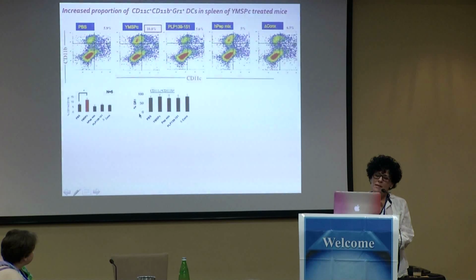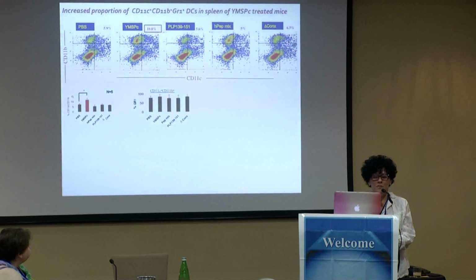And actually here we report on GR1 marker which is expressed on CD11c, CD11b population, suggesting a new population. To our knowledge, and after really careful looking in the literature, nobody showed expression of GR1 on CD11c, CD11b dendritic cells.